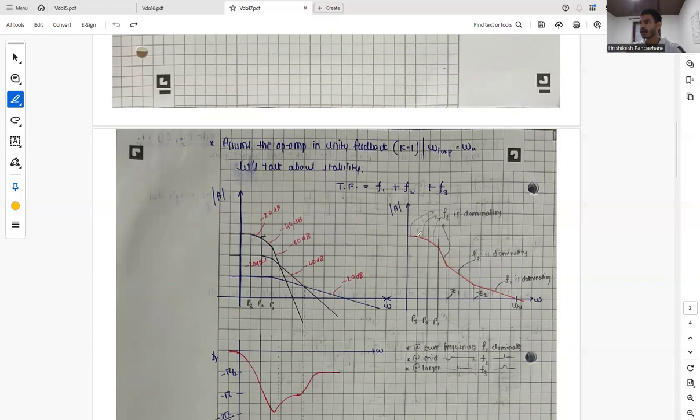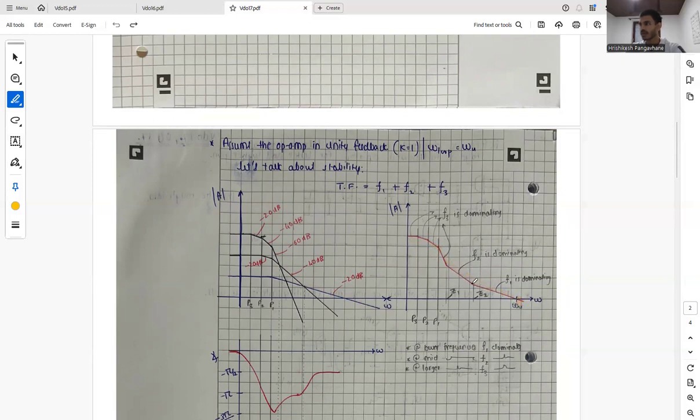In this part function 3 is dominating, in this part also function 3 is dominating, in this part function 2 is dominating, and in this part function 1 is dominating with a higher value. So this is how our curve will look, where we have our unity gain bandwidth or frequency over here.